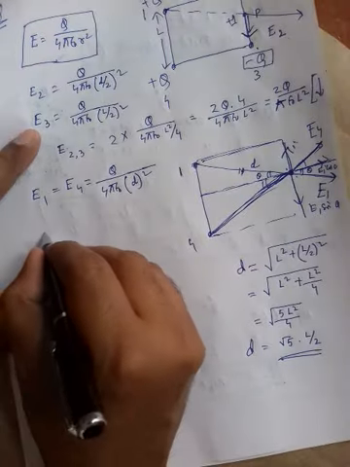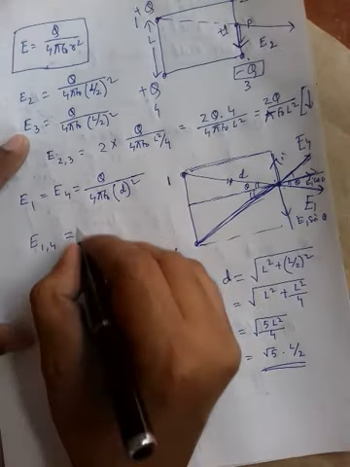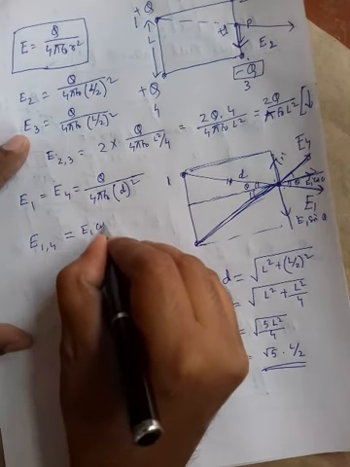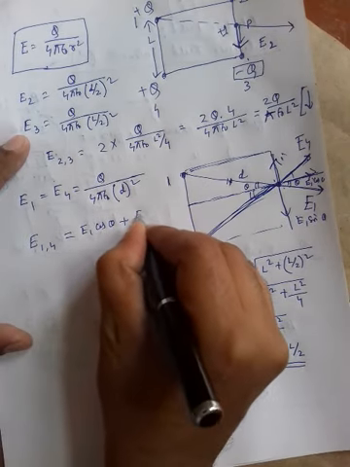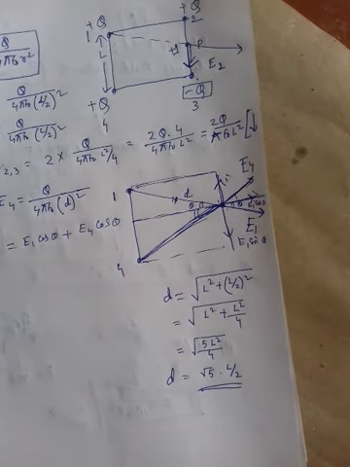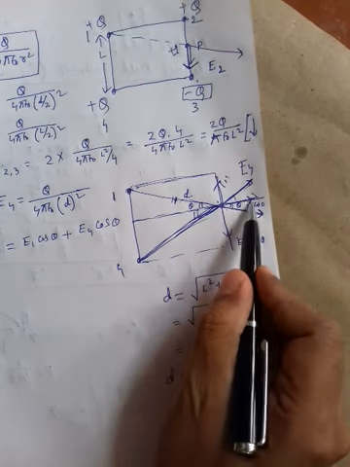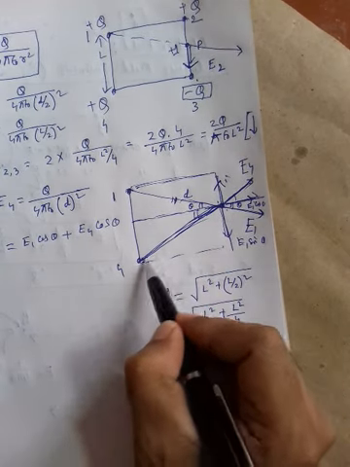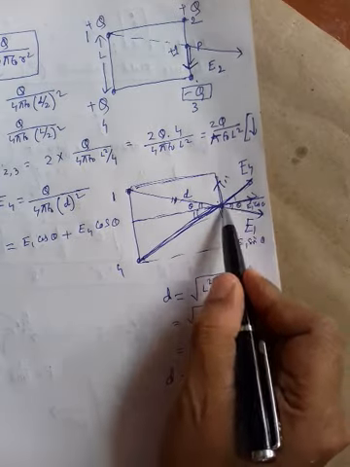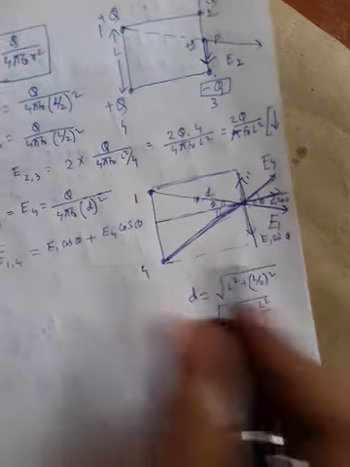So if you write the total of E1 and E4, meaning 1 and 4, then it is E1 cos theta plus E4 cos theta. I hope the drawing is clear. E will be in this side, at this angle theta, a part cos theta, a part sin theta. E because of 4 in this side, a part cos theta, a part sin theta. The sin theta part cancels. I hope there is no difficulty in that.